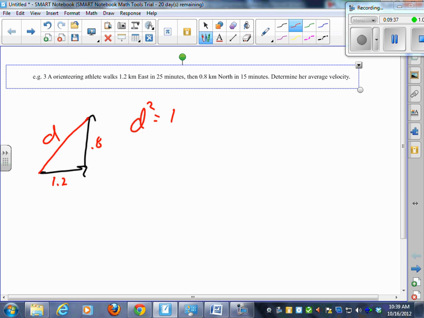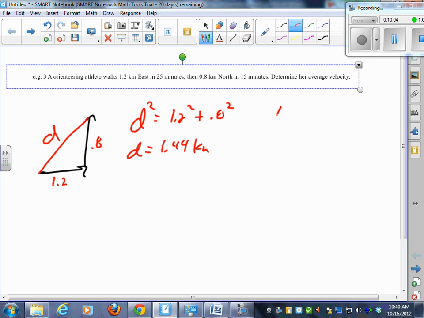So D is the square root of 1.2 squared plus 0.8 squared. And I get 1.44 kilometers as my displacement.